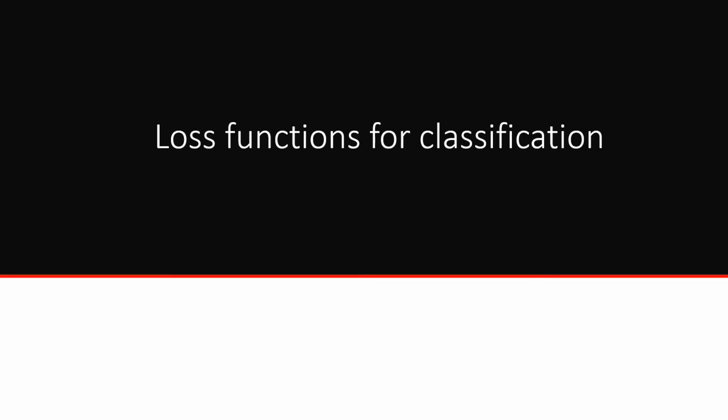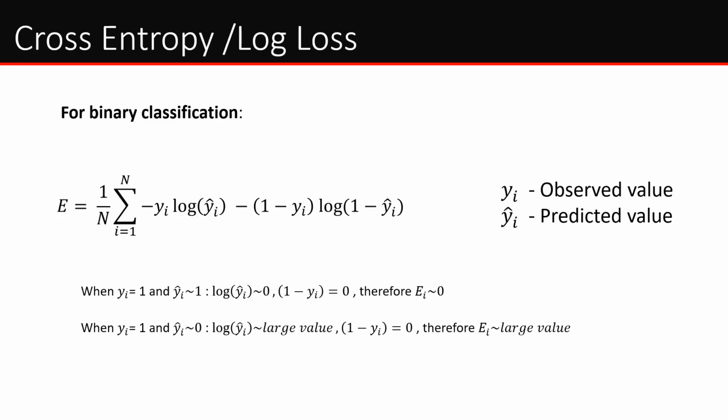Let's look at some loss functions we can use in classification models. Cross-entropy or log loss can be used either in binary or multi-class classification algorithms. For the binary classification case, it is given as the average of minus yi times log yi hat minus (1 minus yi) times log (1 minus yi hat).